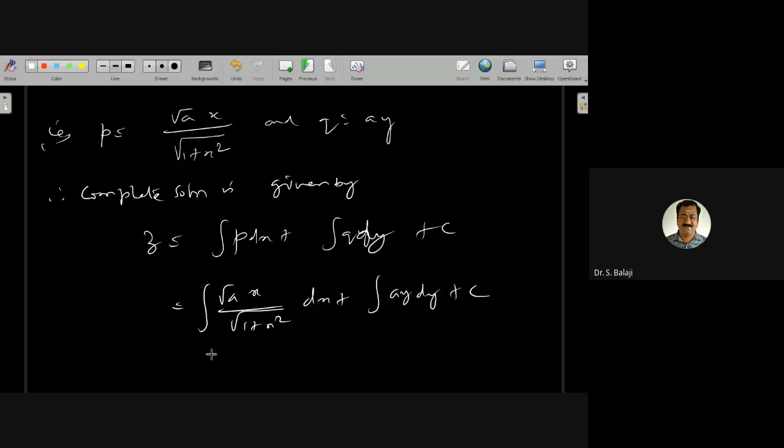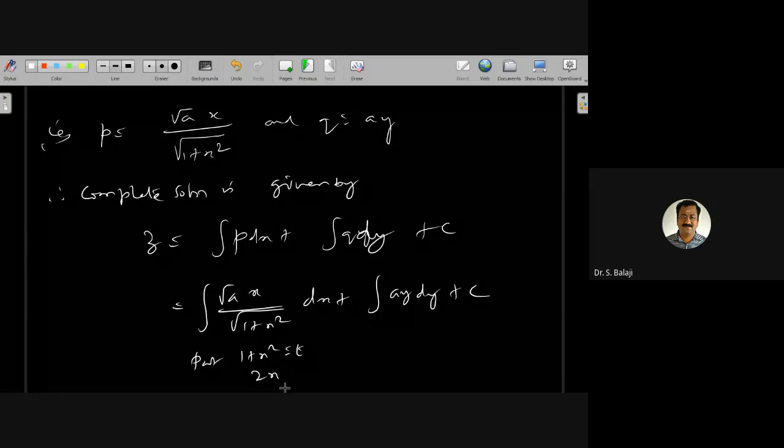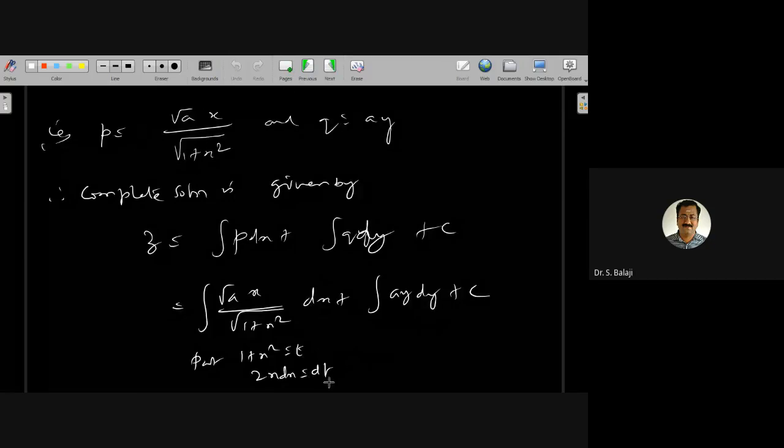Here put 1 plus x square as t, then 2x dx is equal to dt. As usual, square root of a, 2x dx is dt, therefore dt by 2, by square root of t.